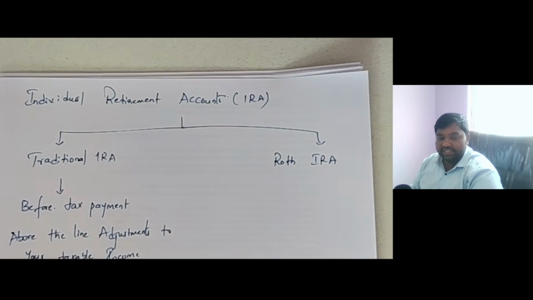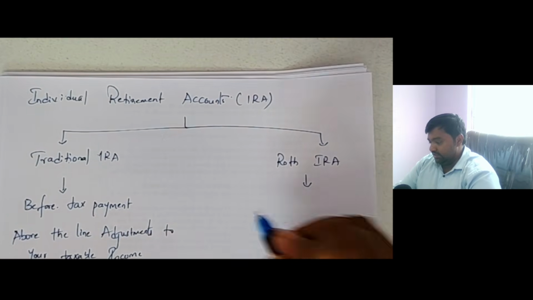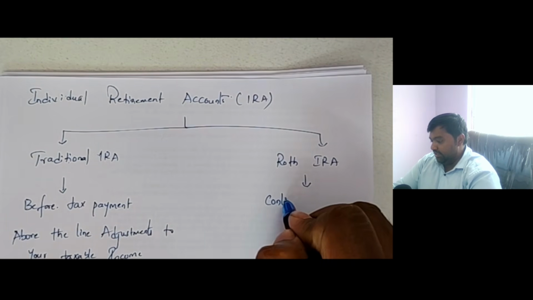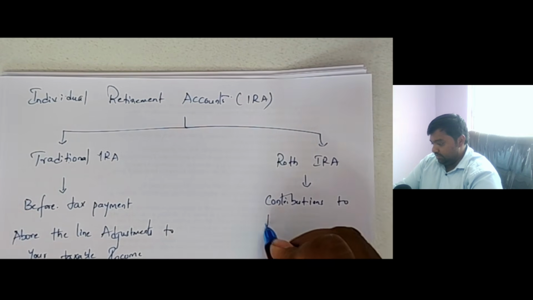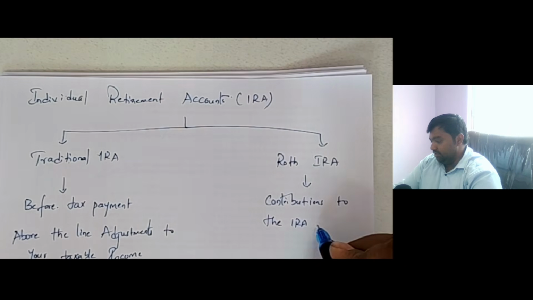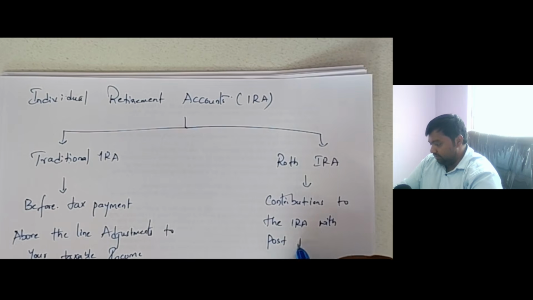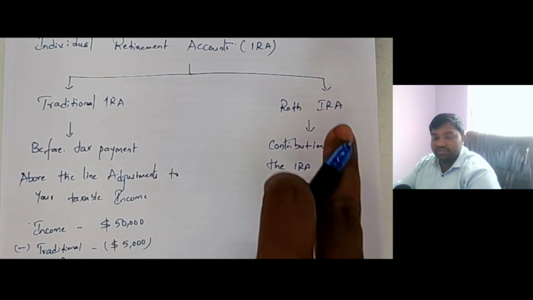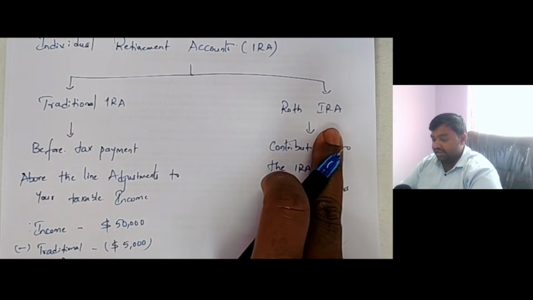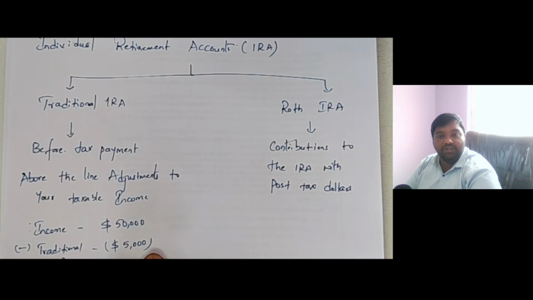Roth IRA means contributions will be done to the retirement account, the IRA account, with post-tax dollars. It means whatever contribution you are making to a Roth IRA won't be allowed as an adjustment to your gross income.